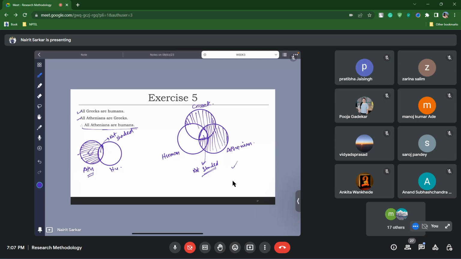Here also only the Athenian section is entirely shaded, and a small area where the Athenians are humans is not shaded. So we can say it is valid.